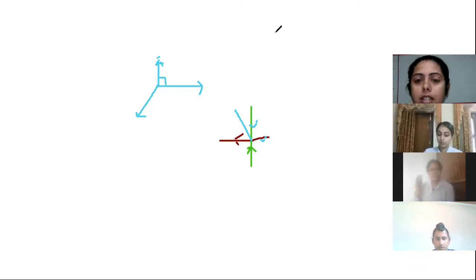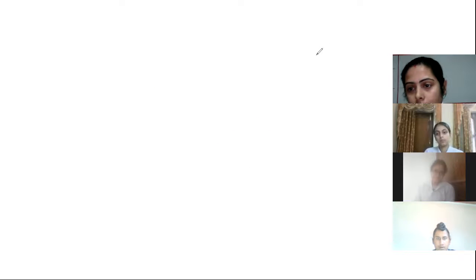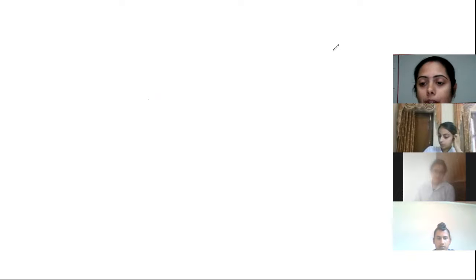Okay, so this is the main point over here, that whenever you have the current carrying wire in the magnetic field, it is going to experience the force, but both should be perpendicular. Current and magnetic field are going to be in perpendicular direction. The force will be experienced again in which direction? Perpendicular direction. Done?